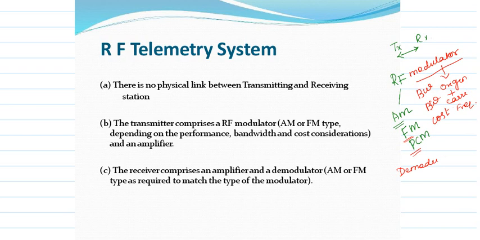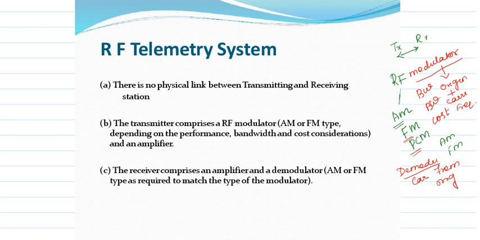Demodulator means I am just going to separate the carrier frequency from the original signal. That is the demodulator, and how you choose it depends on whether it is amplitude or frequency.